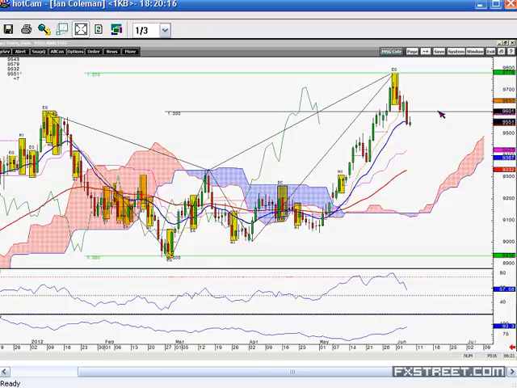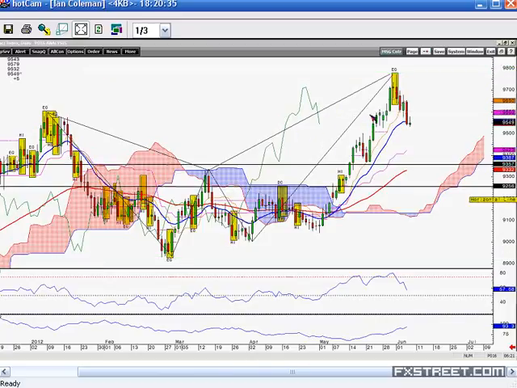Okay, the projection, which is obviously the bit that you guys will be concerned about, is between 50 and 61.8% of the whole sequence. So that's here and here. Let me get rid of all the rest of this so that we can highlight these levels. Okay, 93.57, 92.76.